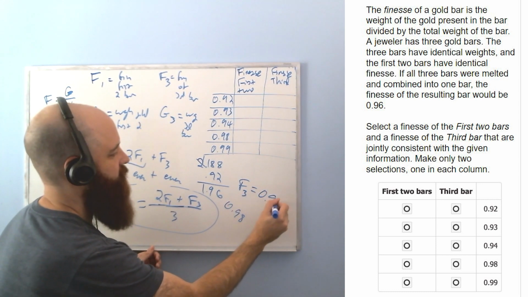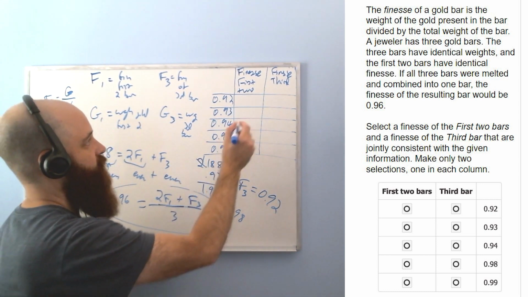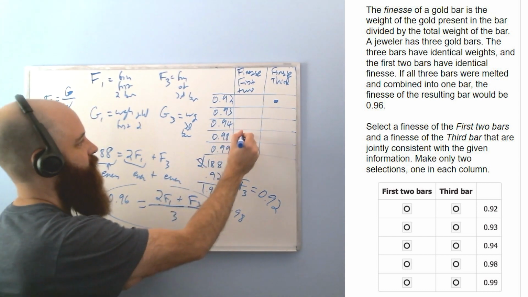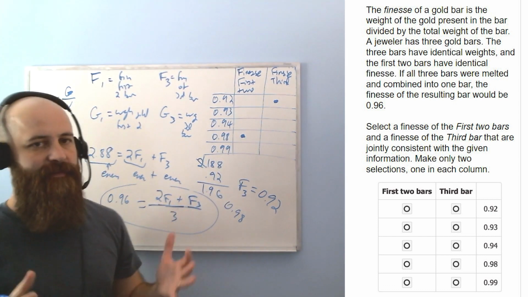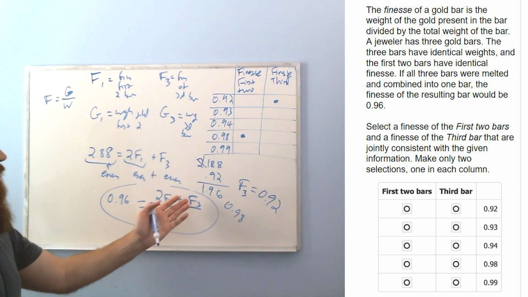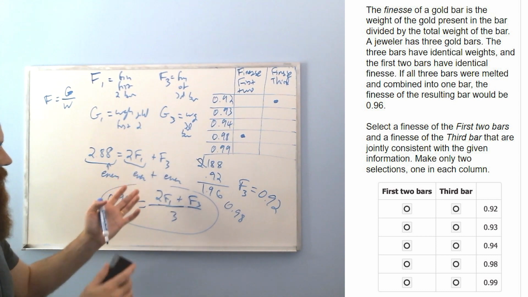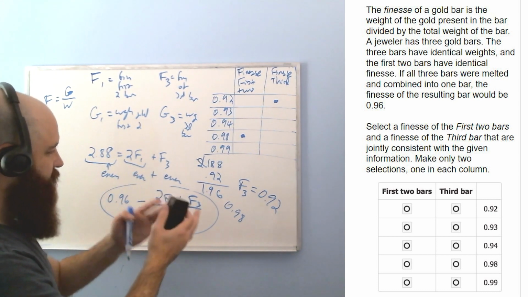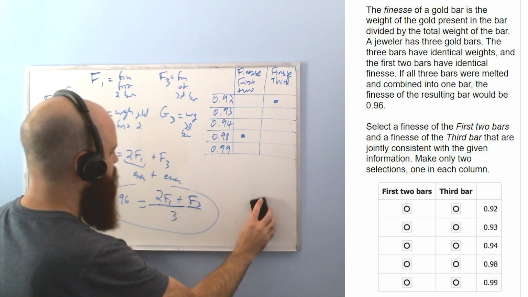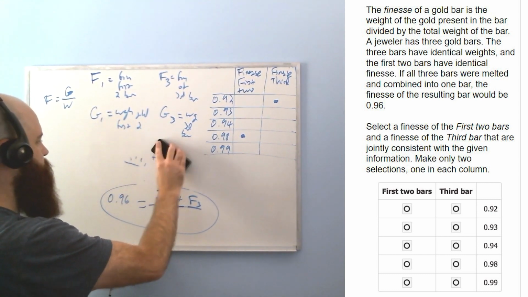Eventually, I worked my way to 0.92. That seems to work for the third. And then if I solve for f1, I get 0.98. And that's the correct answer. Okay, so that's one path. Once I have this expression, I simplify it a bit, and then I use my odd-even logic and some digits logic to make the process of trial and error a little less painful, a little bit less time-consuming.